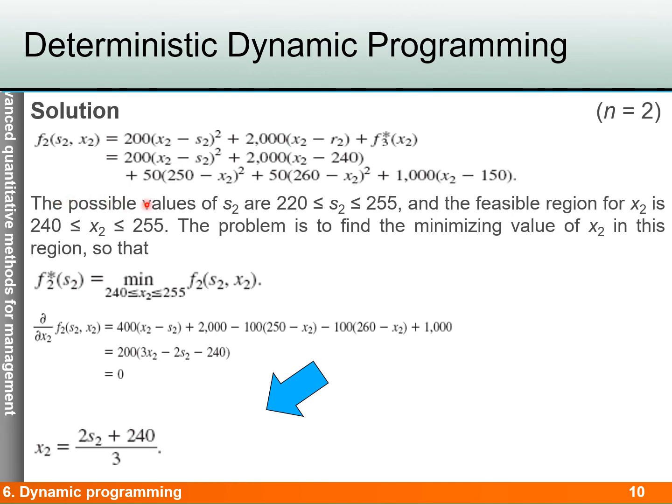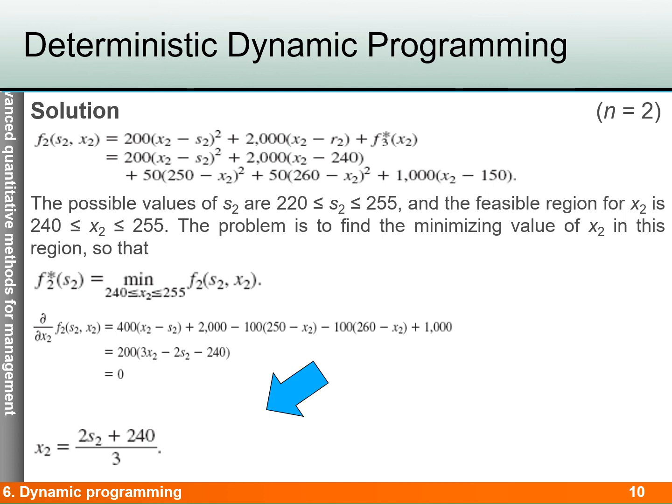As we know from the table we found previously, table 11.3, the possible values for S2 are between 220 and 255, and the possible values for X2 are between 240 and 255.